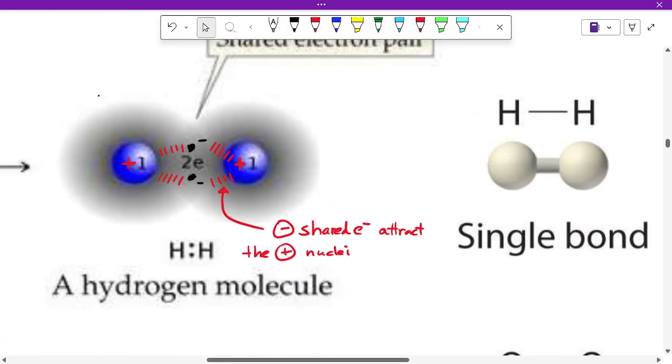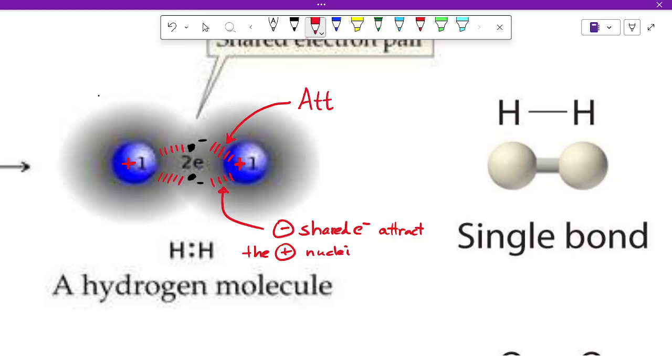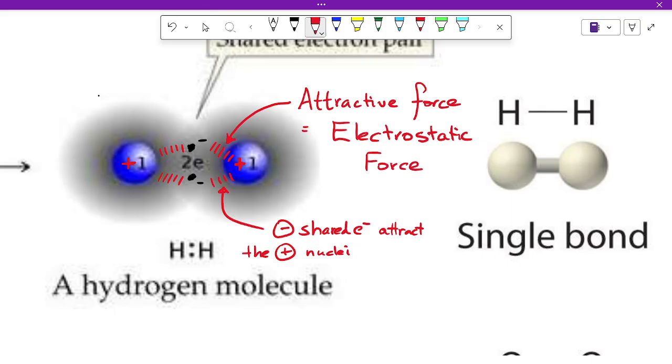Now, that attractive force, what is the name of that attractive force? That is an electrostatic force. Is that a different force from ionic bonds, or is it the same kind of force?